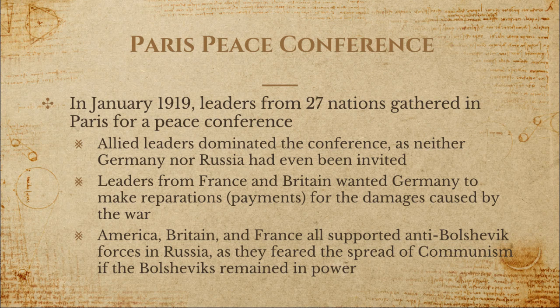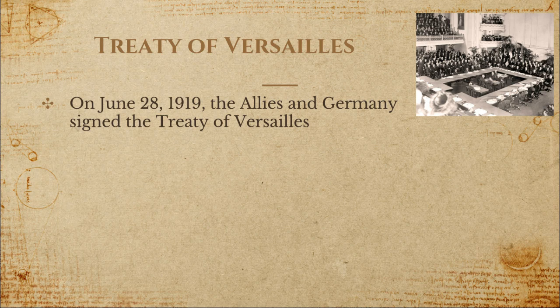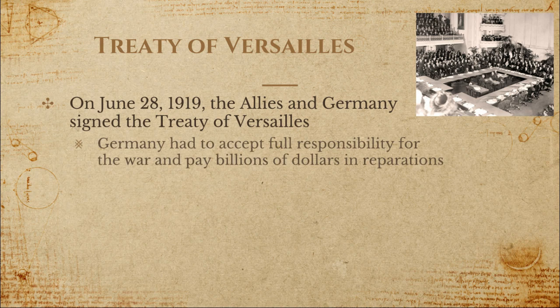Now, following the debates at the Paris Peace Conference, the Allies and Germany would sign the Treaty of Versailles on June 28th, 1919. And this treaty stated that Germany had to accept full responsibility for the war and pay billions of dollars of reparations to the Allies, a figure that would be over $400 billion in terms of today's money.